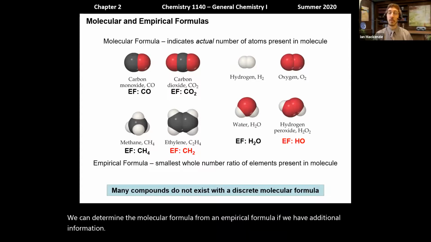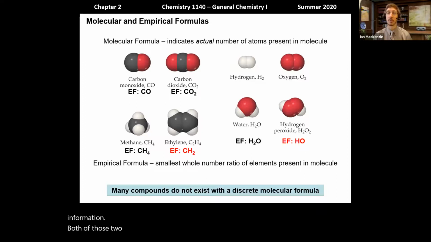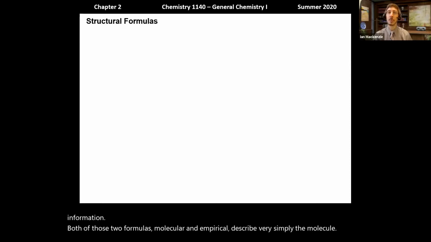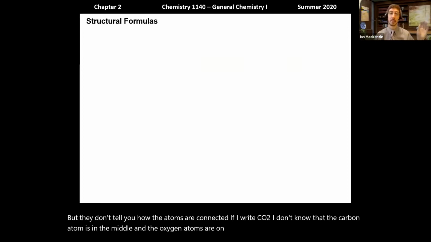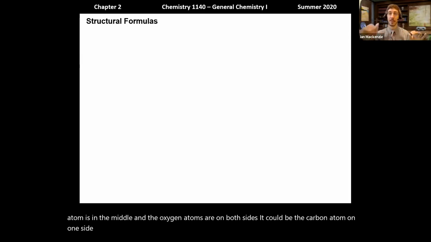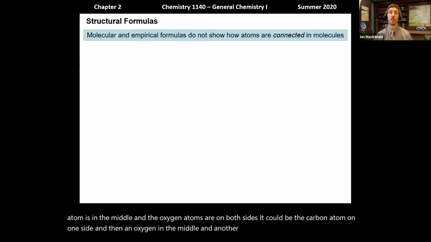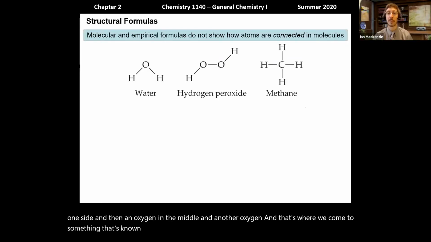Now, both of those 2 formulas, molecular and empirical, describe very simply the molecule, but they don't tell you how the atoms are connected. If I write CO2, I don't know that the carbon atom is in the middle and the oxygen atoms are on both sides. It could be the carbon atom on one side and then an oxygen in the middle and another oxygen. And that's where we come to something that's known as structural formulas.